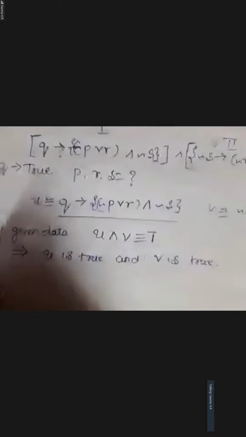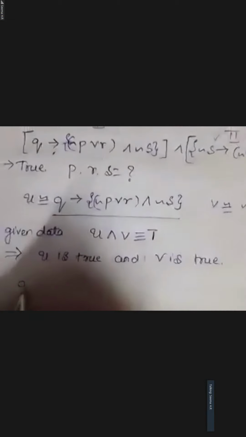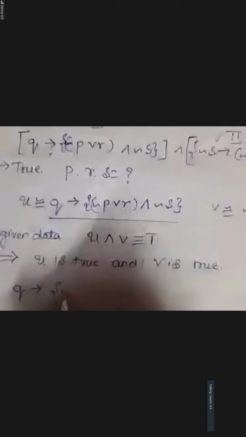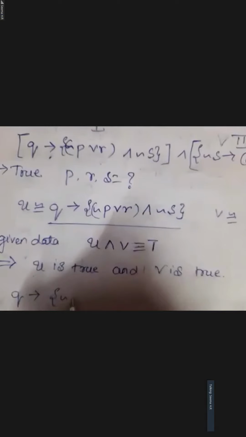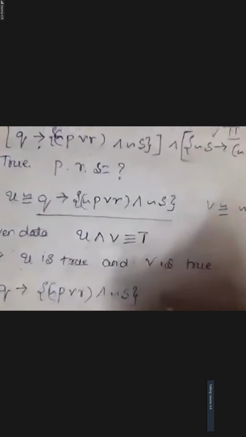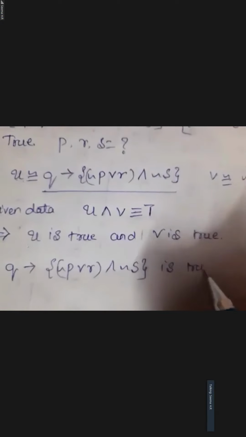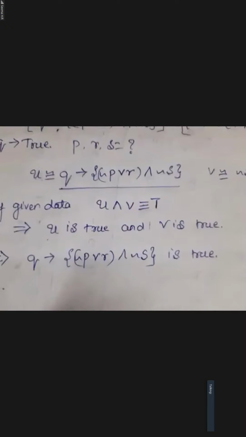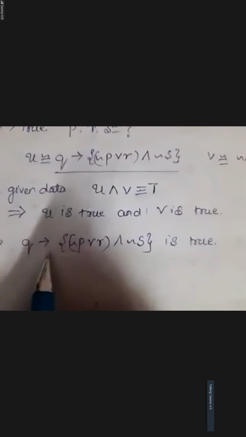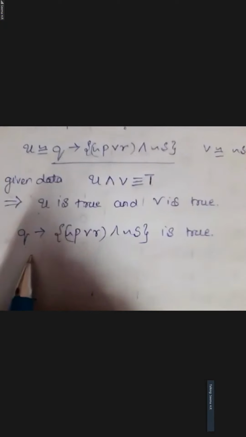So U is true means what? So let me take this U. This implies that U is true. U is true means Q implies negation of P, R and negation of S is true. Correct? Yes, ma'am. Now, it has been given that Q implies negation of P, R and negation of S is true. But this is conditional.